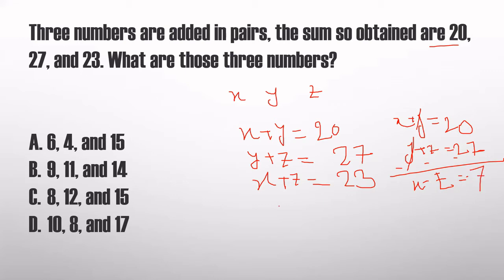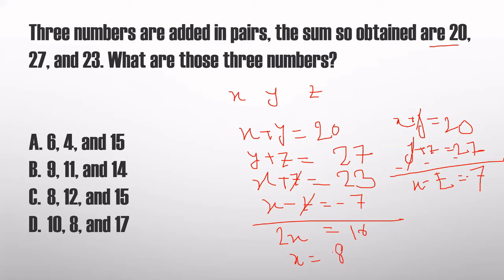Now, x plus z equal to 23 and x minus z equal to -7. Just add these two, you will get 2x equal to how much? 16. Then x equal to 8.